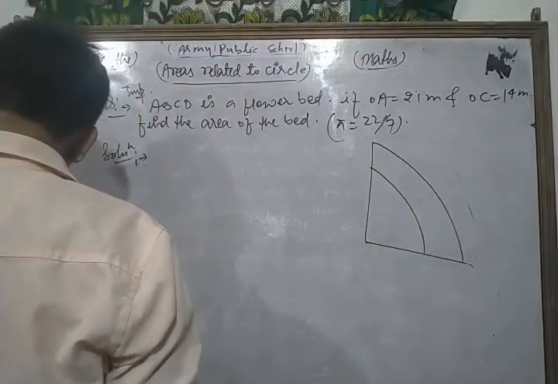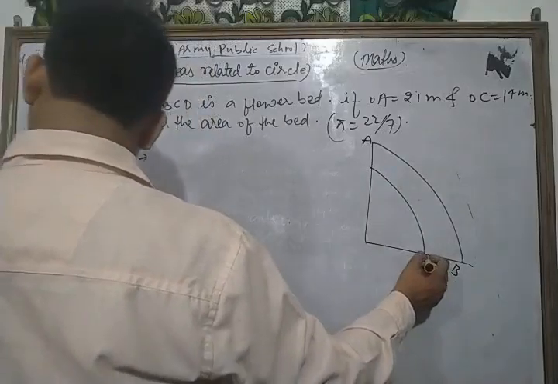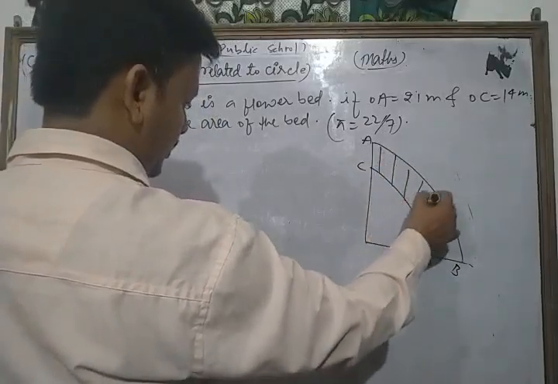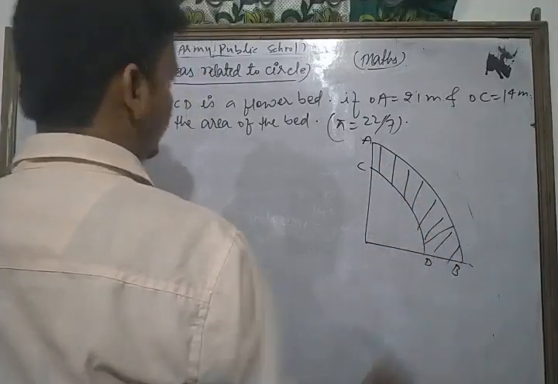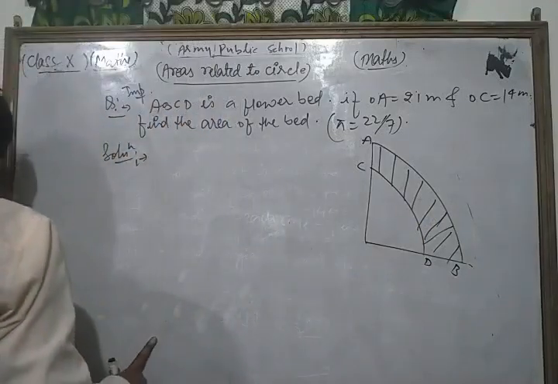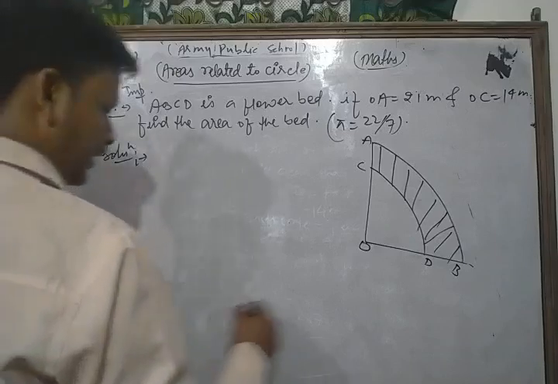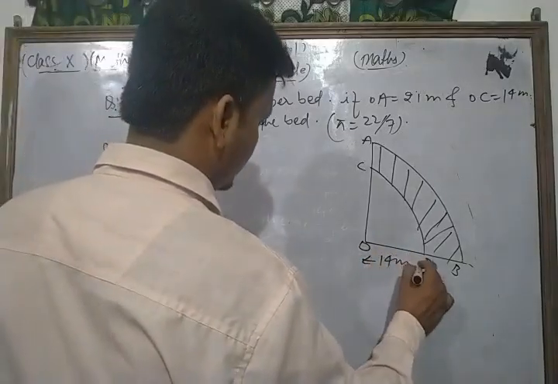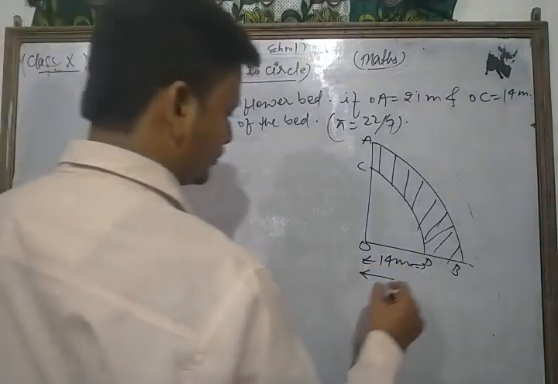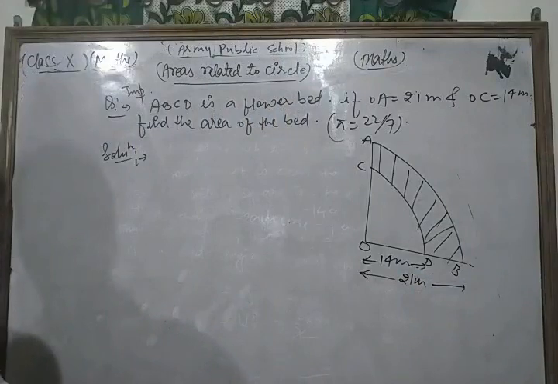This is your flower bed ABCD, with points A, B, C and D. This is O. This is 14, and this one is 21 meter.